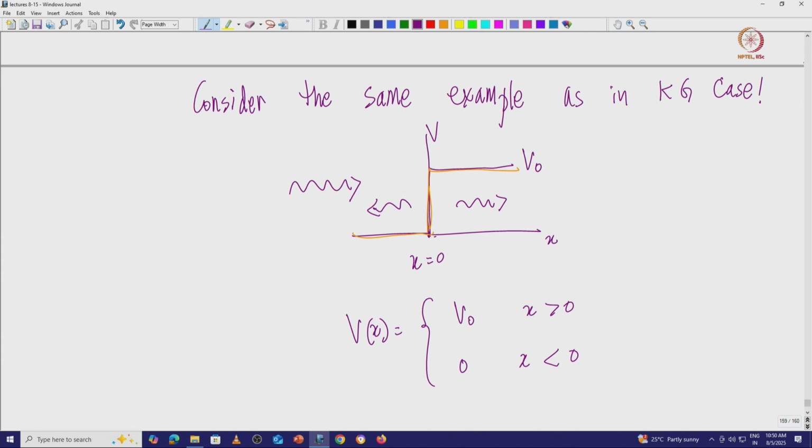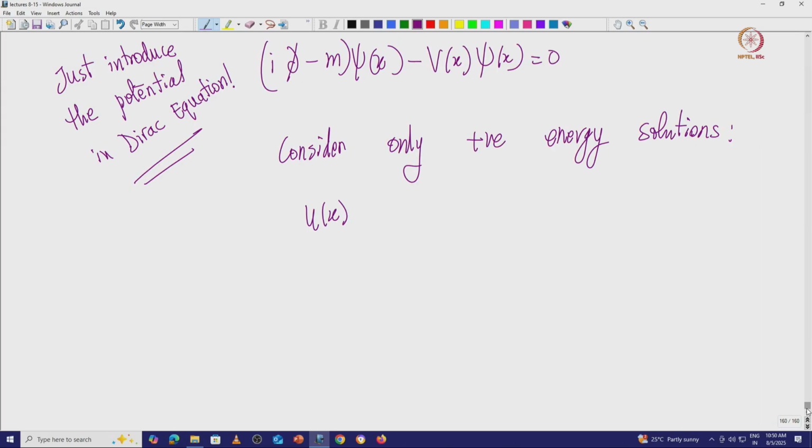As long as we have a weak potential, the same thing will appear. That means the potential energy is much smaller than 2 m0 c squared.